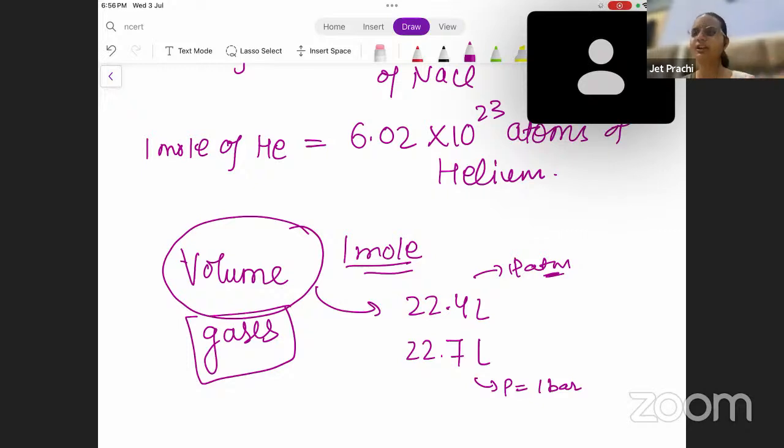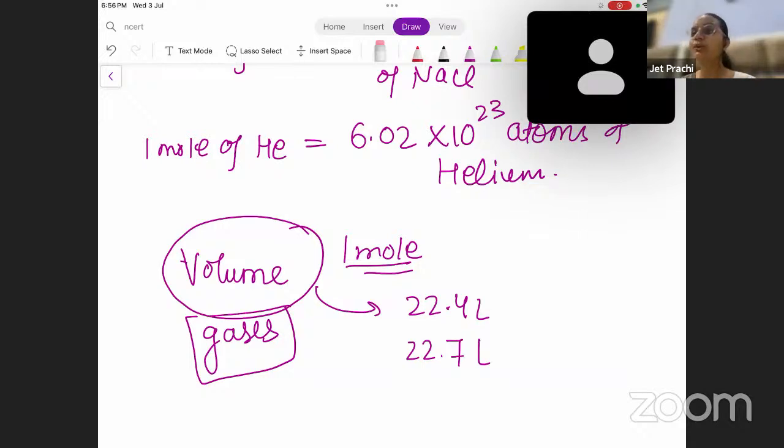The details are not that important, but don't be confused, don't worry if you see 22.7 somewhere, because still the volume that is used is 22.4 liter, but don't panic if you see 22.7 liter. The difference is because of the value of pressure at which they are calculating the volume. One will be calculated at 1 atmosphere and the other at 1 bar.